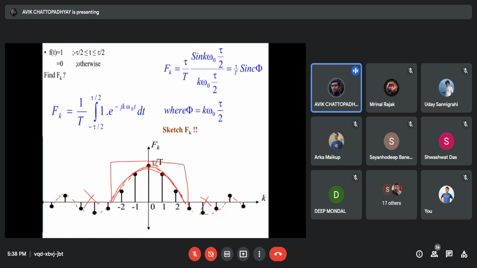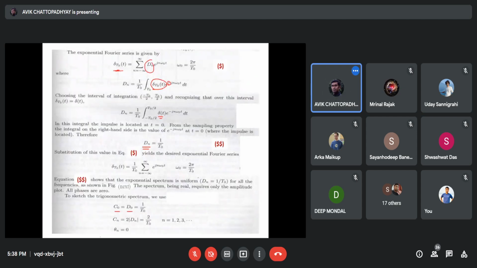So the dc term will be the same. So c naught will be d naught, and that equals 1 by t naught. Fine. Now what is cn? We have just now seen that the mod of dn is basically cn by 2. So cn equals 2 into mod of dn. Now mod of dn means, yes, actually 1 by t naught. Again 1 by t naught.